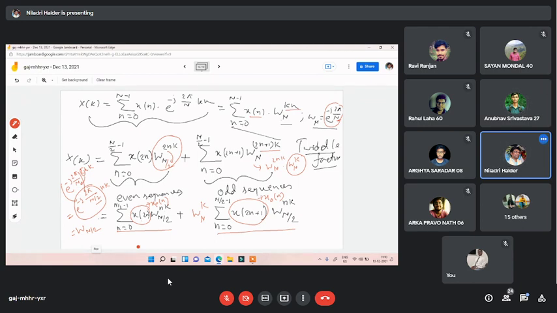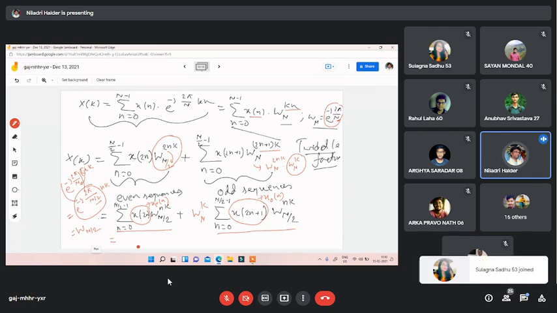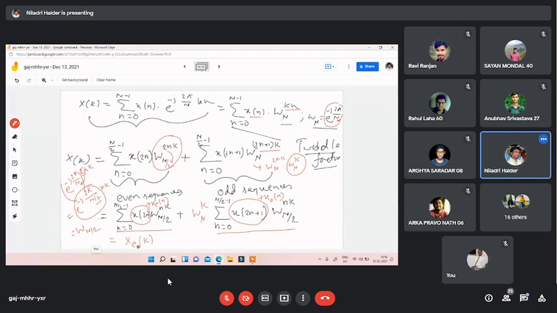Yes, sir. So simply as this x of 2n defines the xen, we will write xek. That formula gives you xek. Yes or no? Yes, sir. Plus wnk, that will give you xok.